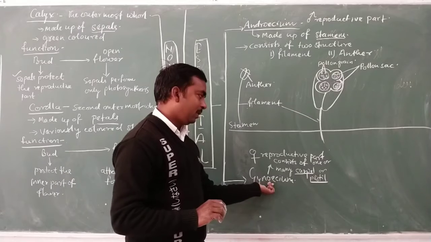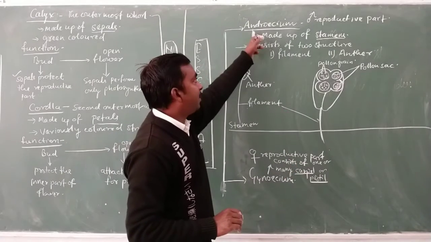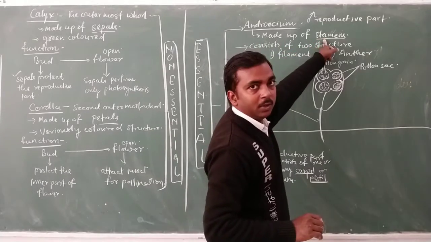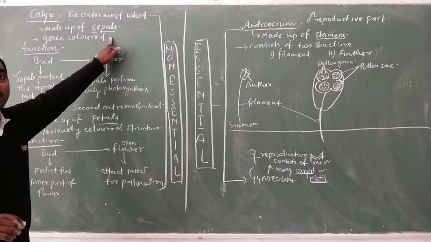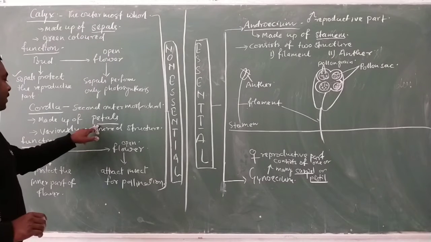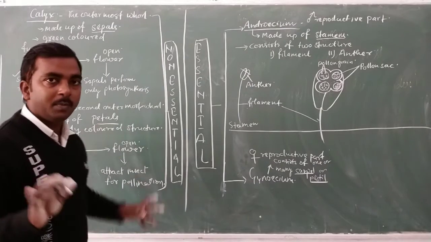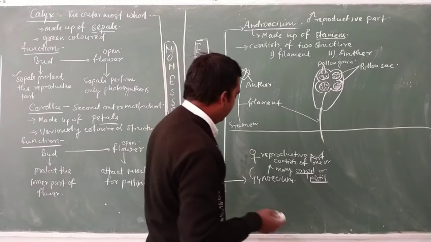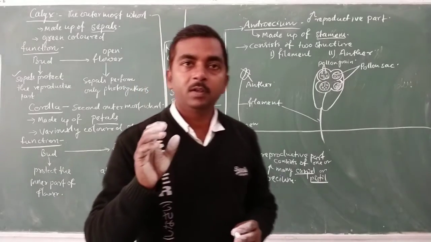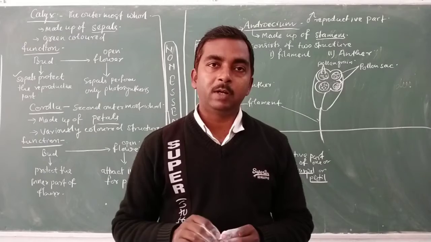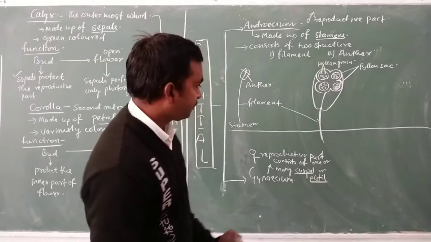So in the case of gynoecium, the individual member is known as carpel. In the case of androecium, the individual member is known as stamen. In the case of calyx, the individual member is known as sepals, while in the case of corolla, the individual member is known as petals. So in this way we can say that the main four whorls of the flower consist of many individual members.